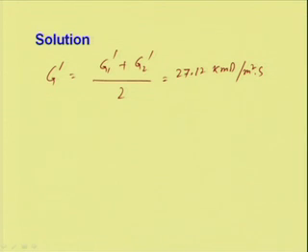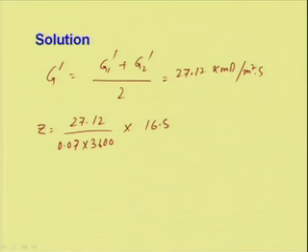So, now Z is equal to 27.12 divided by 0.07 into 3600 into 16.5. So, this is equal to 1.78 meter.